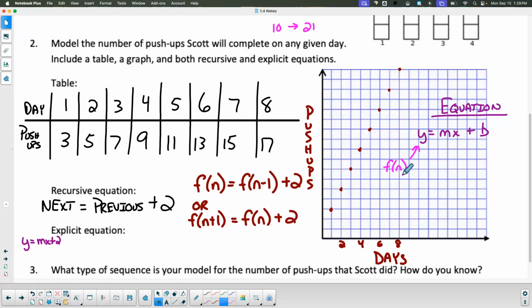Y is just the output. F of n is the output in function notation. My slope here is going to be my rate of change. So in this case, what were we changing by every day? Plus 2 every day, right? So that's going to be positive 2.